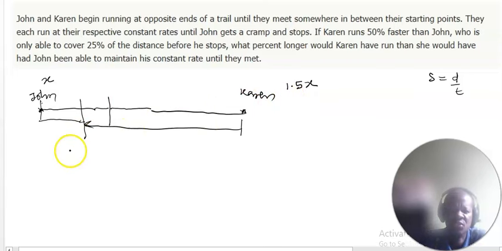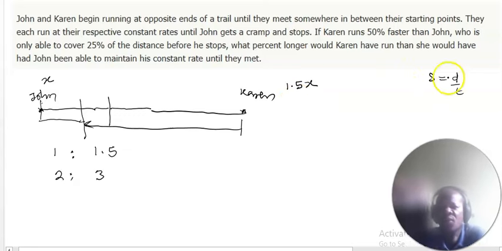So if John's speed is x and Karen's speed is 1.5x, that means the ratio of their speed is 1 to 1.5. If I convert this to an integer, I multiply by 2, it gives me 3 to 2. So if this is the ratio of their speed, definitely this will be the ratio of their distance.